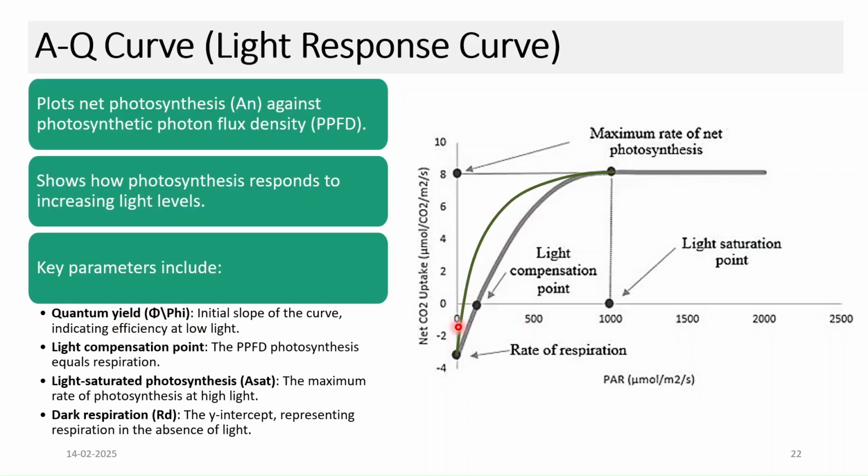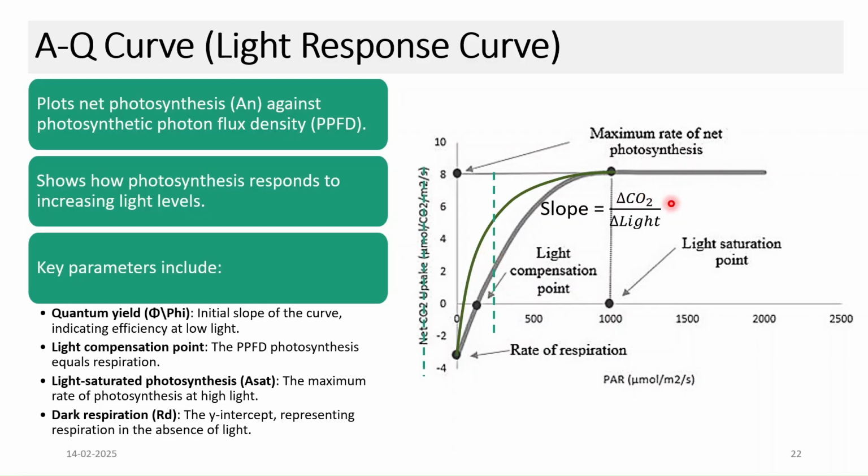That is, the initial slope of the curve is indicating how efficiently photosynthesis happens at low light. At this range of light where there is a slope, what is the efficiency of photosynthesis? If this is the slope, we get it is less efficient, and if this is the slope, we get it is more efficient.